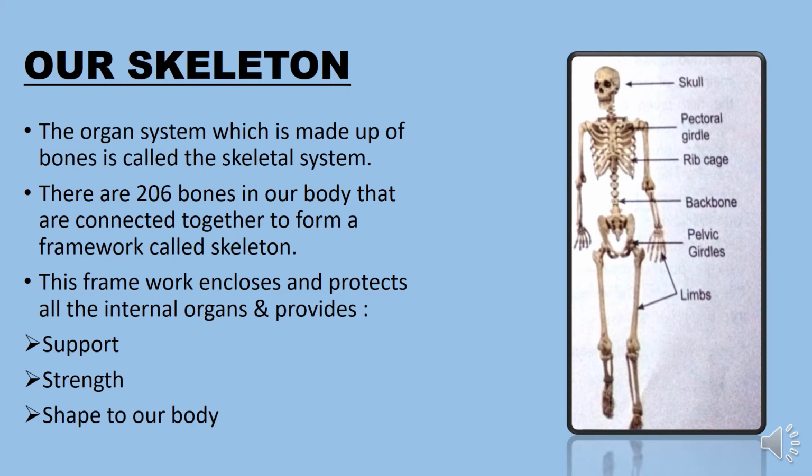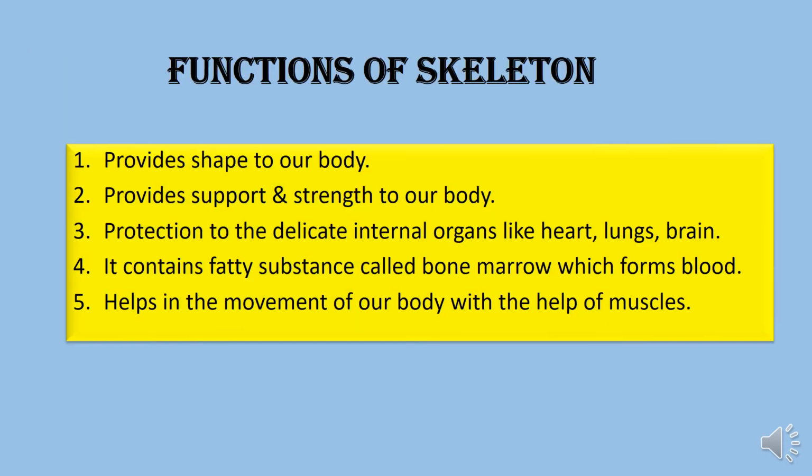You can see in the picture given on the screen that our skeletal system looks like this. It is made up of bones and there are different parts of the skeletal system. We will be studying each one of them separately in a further video. So let's continue.